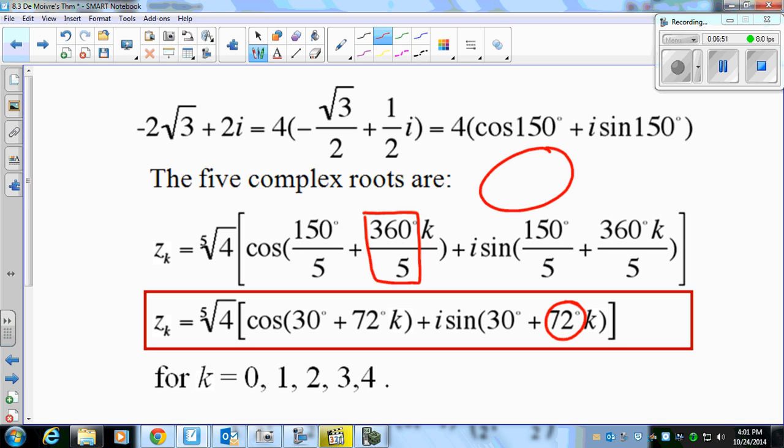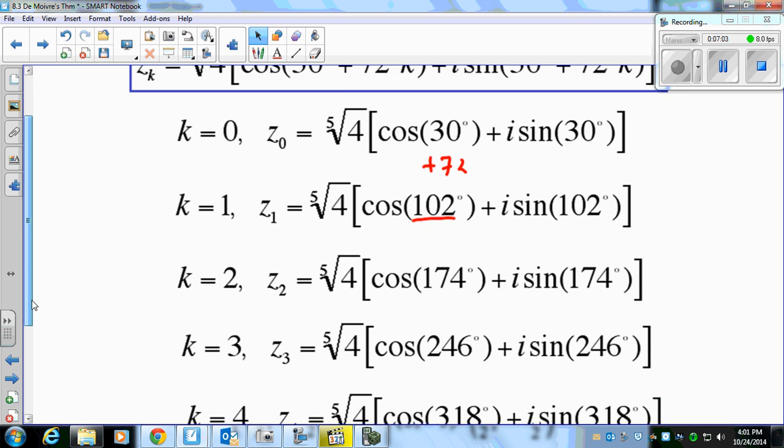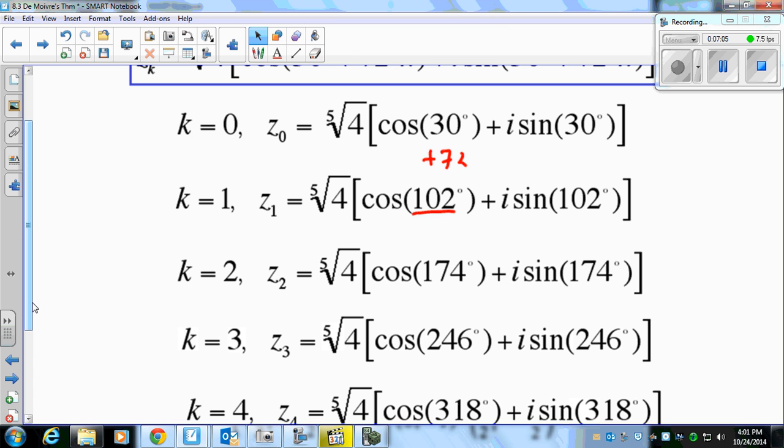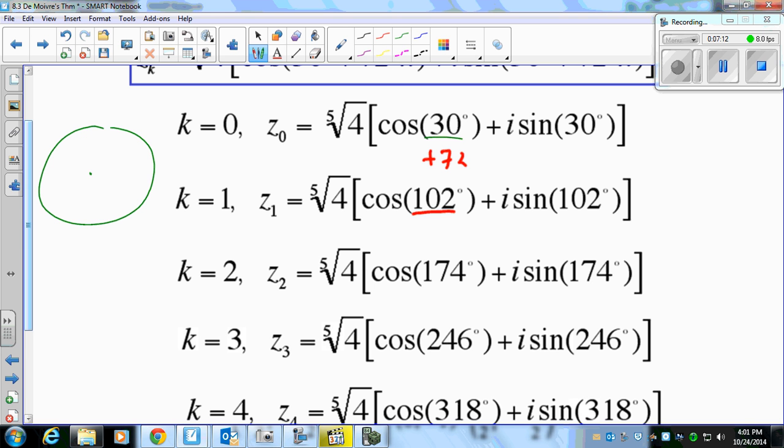And that's 72 degrees. So when you graph these complex numbers, it really ends up splitting the unit circle into however many equal parts as its roots. If you think about this as your circle here, with this being the center, one root's at 30 degrees, one root's at 102 degrees, one root's at 174, one root's at 246, and one root's at 318.